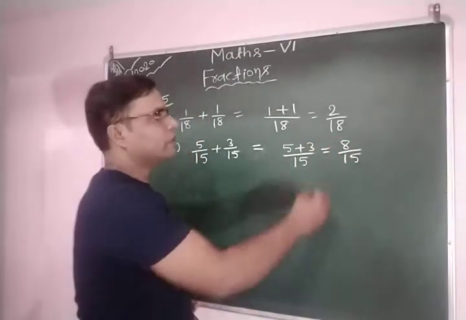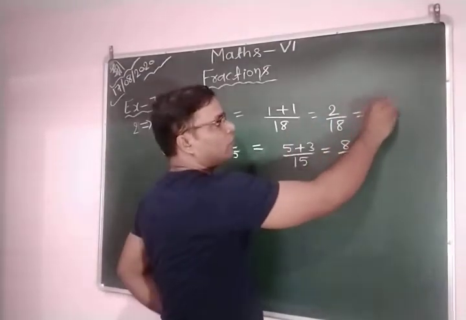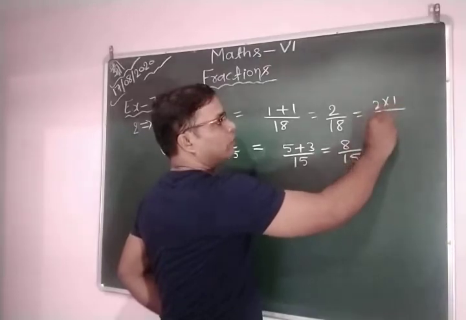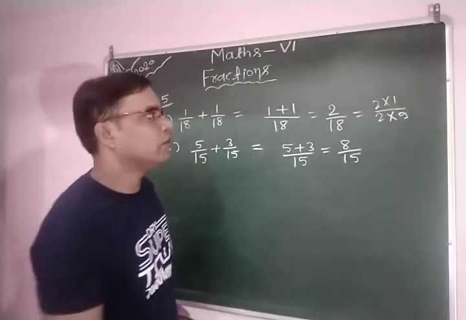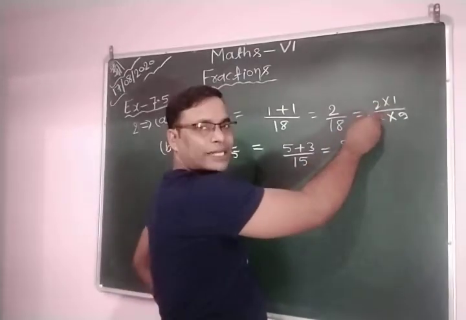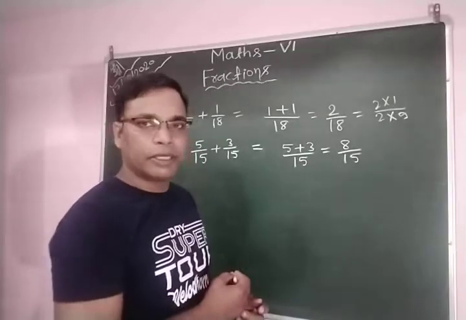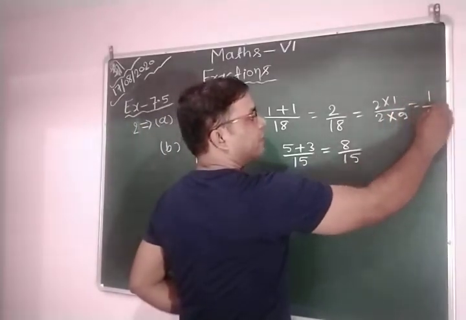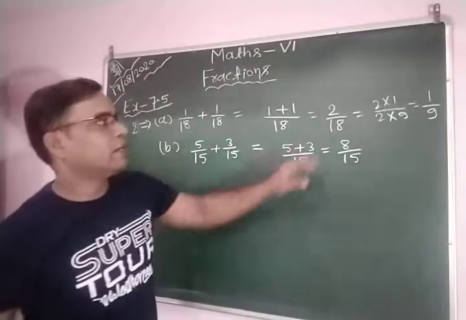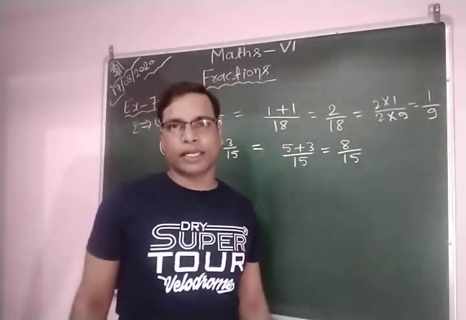Okay, if you want to simplify 2 by 18, you can write 2 into 1 over 2 into 9. So 2 and 2 cancel because 2 is common to the numerator and denominator. We get 1 by 9. Okay, and 2 by 18 or 1 by 9, both are equivalent fractions, both are right.